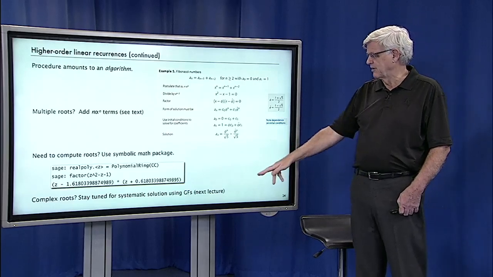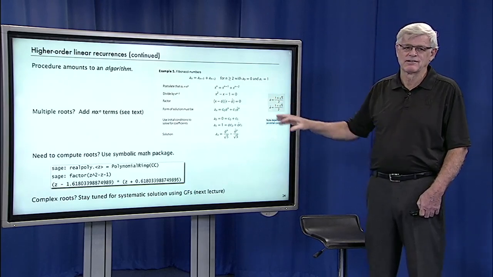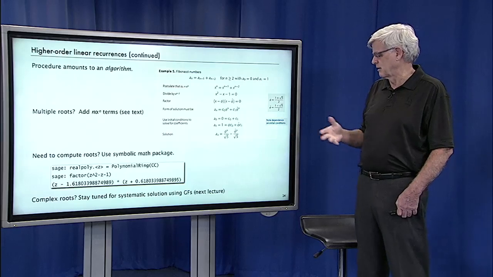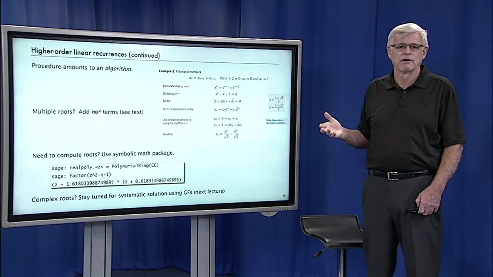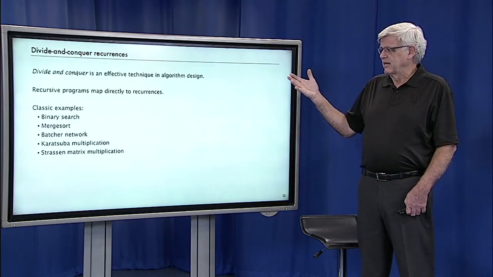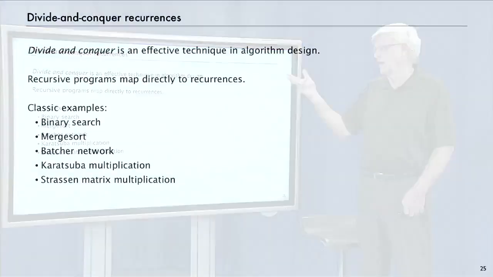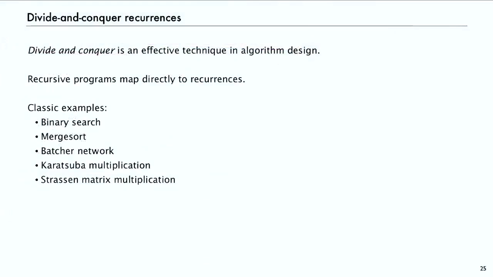The other point that I didn't mention is the roots might be complex. And again, rather than go through it in this context, we'll see what happens when we talk about it in the context of generating functions. Okay, the last thing that I just want to mention is that a lot of times we get recursive programs that map directly to recurrences of the divide and conquer style, and those are not traditionally found in studies of recurrence in mathematics.